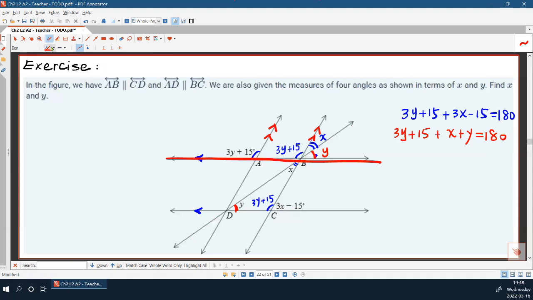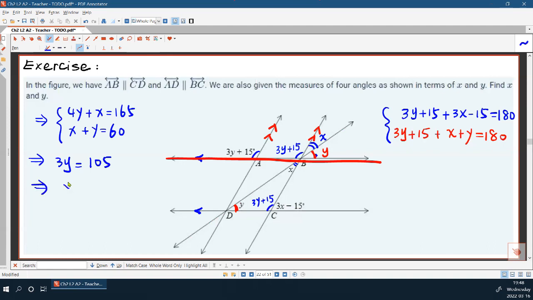Then we have two equations actually. Based on these two equations, first of all, let's simplify them. The first equation is simplified to 4y plus x equals 165. The second, x plus y equals 60, right? Therefore, you can use the first one minus the second one, which gives us 3y equals 105.